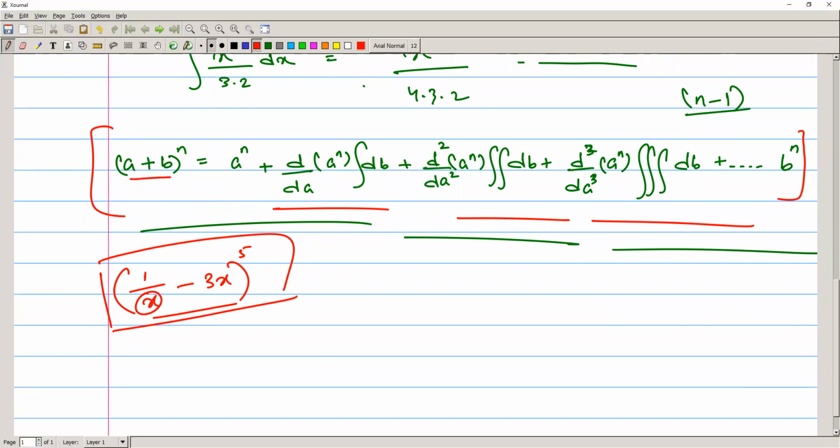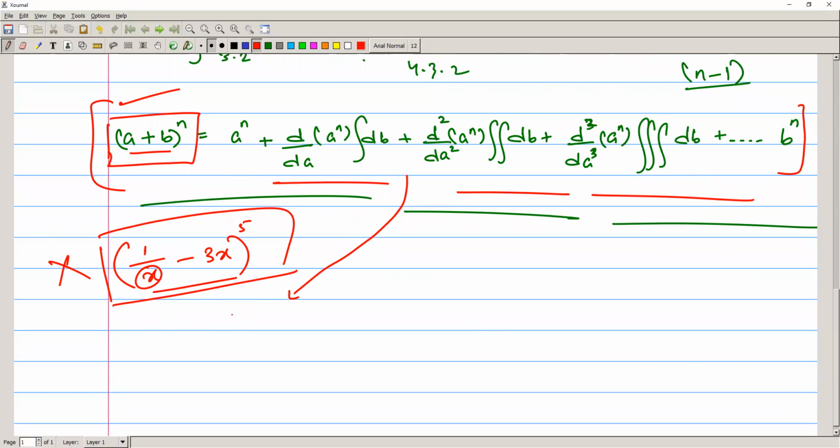This form is only for this formula, and you can derive only the formula of binomial expansion, or you can remember the formula of binomial expansion in this form. Don't apply this expression on this type of problem, right? Apply the expression only on the formula, that is (a + b)^n.